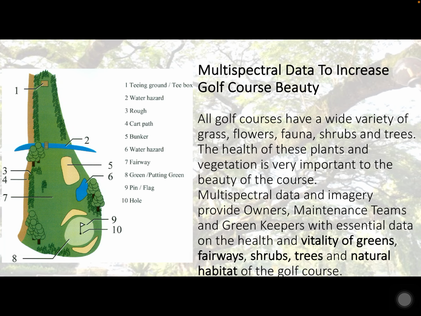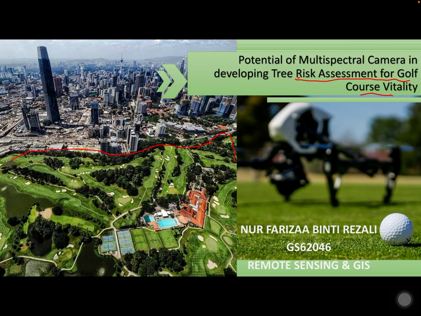During this project, which I would like to implement later, I want to focus on tree risk assessment, which is for improving golf course vitality. Basically, tree risk assessment is visually done from the ground to monitor the condition of the trees at the golf course.